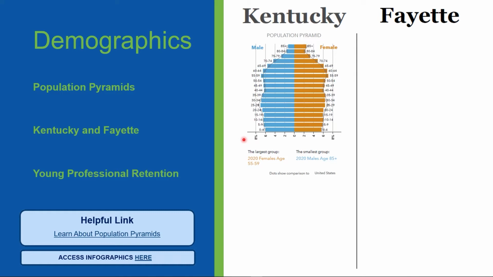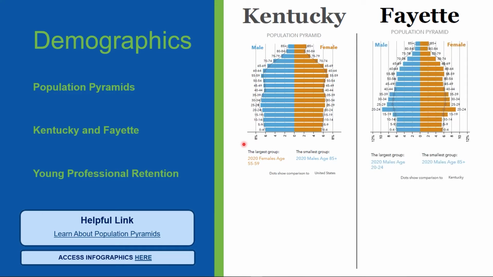You'll learn so much. So things often become clearer, for better and for worse, when we compare them. Let's look at Kentucky and Fayette County side by side. So first, let's note that the x-axes are different, with Kentucky's highest bar under 8%, whereas Fayette's highest bar is under 10%.